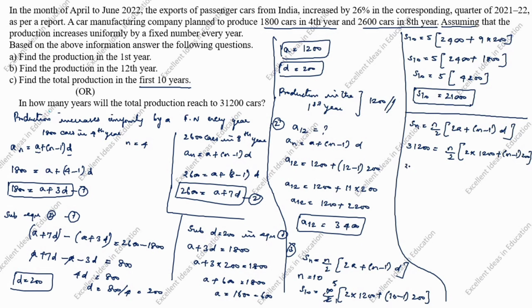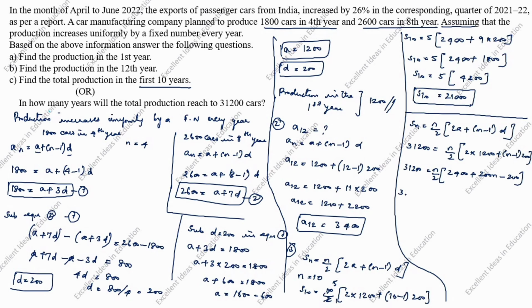Next, 31,200 equal to n by 2, open the bracket, 2 into 1200 is 2400 plus multiply inside the bracket, n into 200 is 200n, minus 1 into 200 is 200.